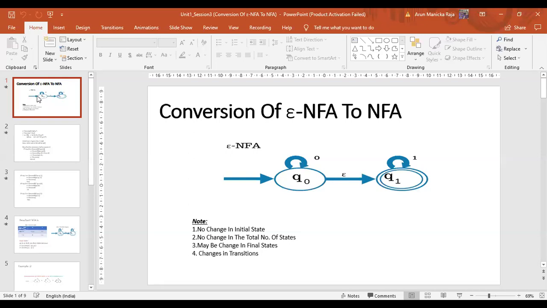Here we have two states, Q0 and Q1, and the inputs are 0 and 1. So what is the first step?